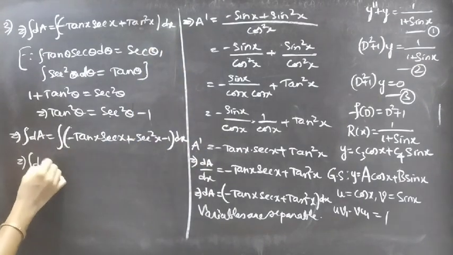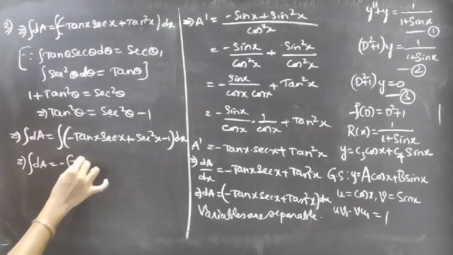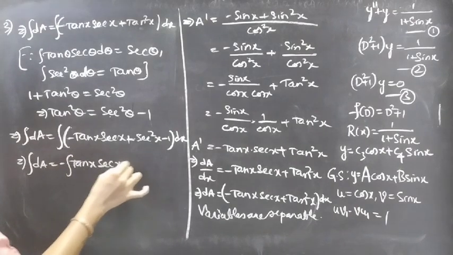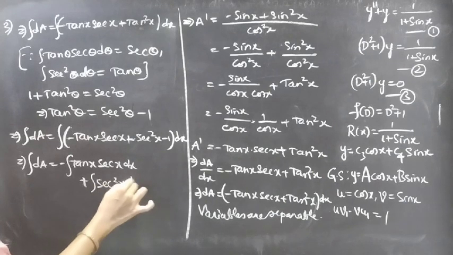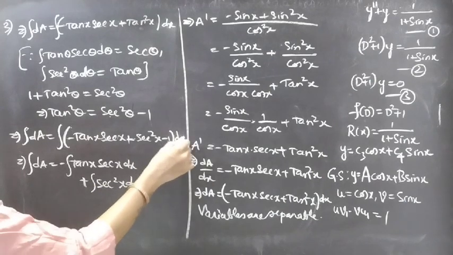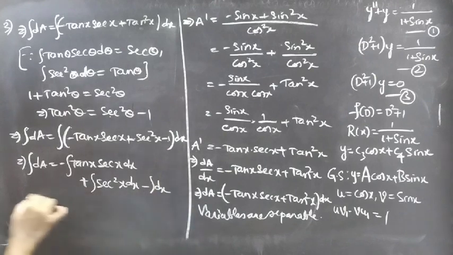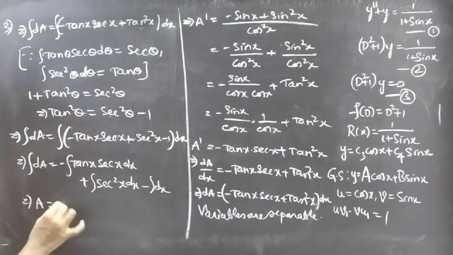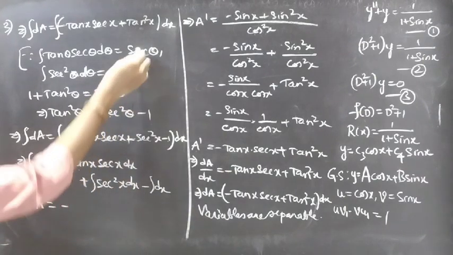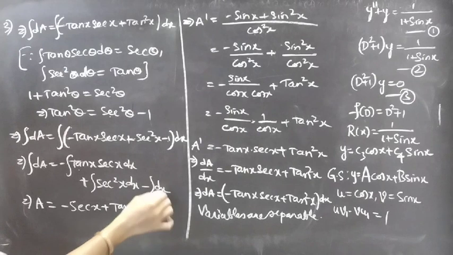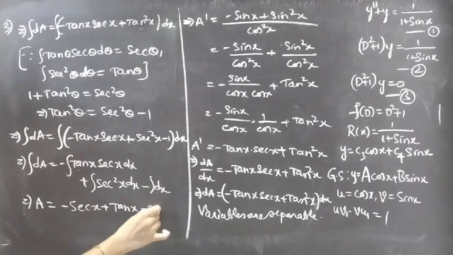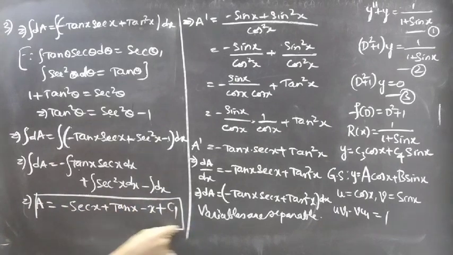This gives us integral dA equals minus integral tan x secant x dx plus integral secant square x dx minus integral 1 dx, which is integral dx, right? From this we'll get integral dA equals minus secant x plus tan x minus x plus some integral constant, say c1, which is our required A.